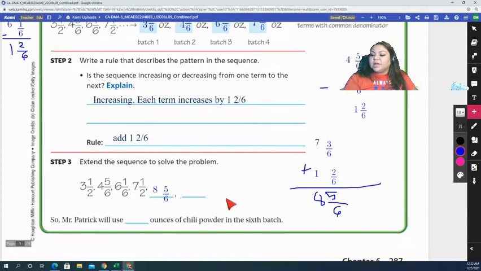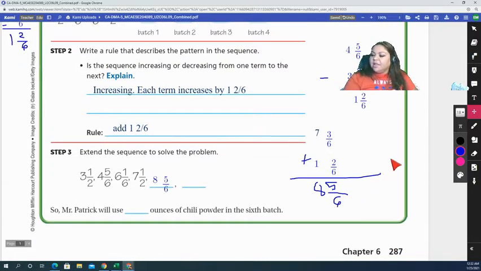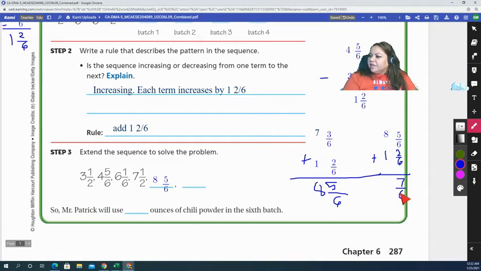So what we're going to do now is add another 1 and 2/6. So we're going to add 8 and 5/6. Add 1 and 2/6. So here we have 5 plus 2 is 7/6. And 8 plus 1.